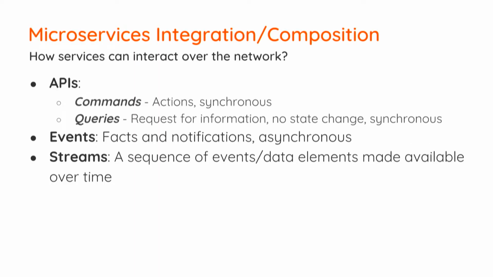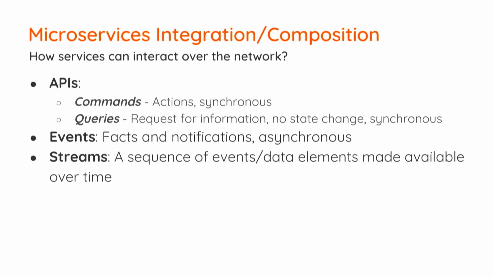So if you have a look at some of the concepts around integrating microservices, we can identify three main concepts. The first one is, of course, the APIs, right? You create a service, and you probably expose maybe a RESTful interface to your service. An API can have two parts.